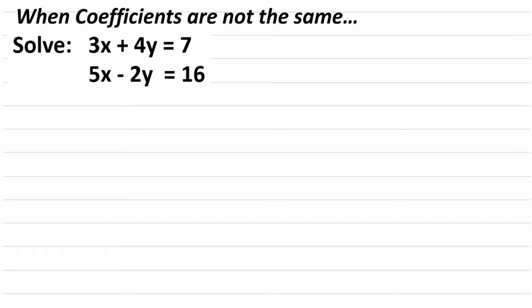Right, so I'm going to try a similar example, but this time they have different signs. Okay, so I'm going to say this is equation 1 and this is equation 2. Now I can see I can't change the x's easily, but I can change the y easily. If I do equation 2 times 2, then this would be minus 4y. So I'm going to write it here, 3x plus 4y equals 7.